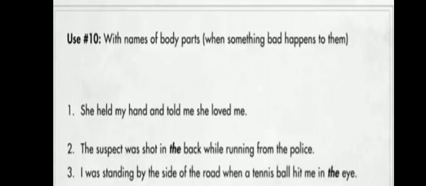The suspect was shot in the back while running from the police. So over here, when I'm going to talk about that particular body organ in some sort of bad incident that has happened to a person, in order to mention that body part, I will make use of the article the. Next example, I was standing by the side of the road when a tennis ball hit me in the eye.